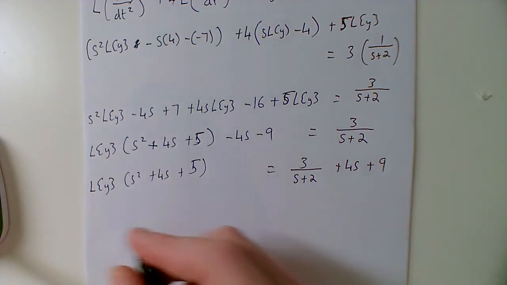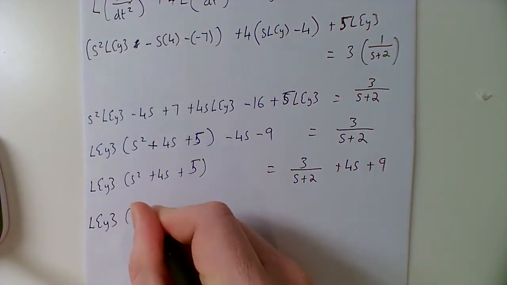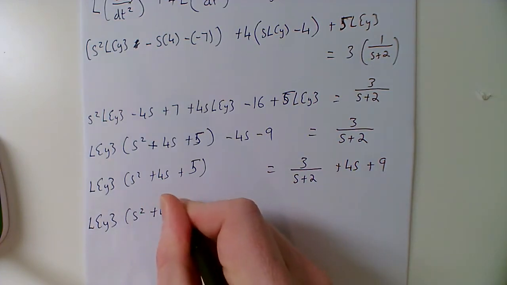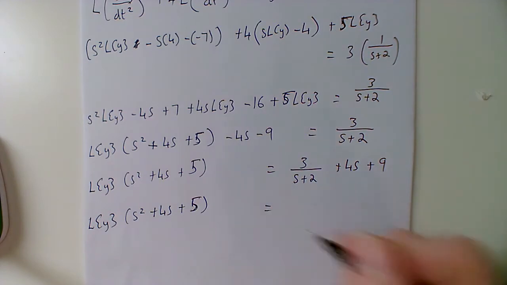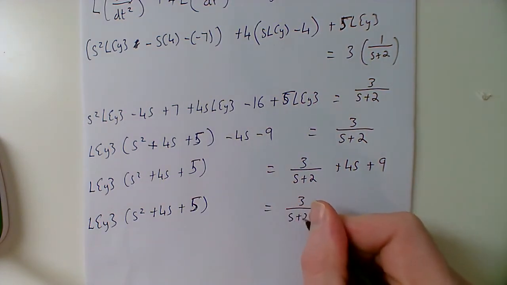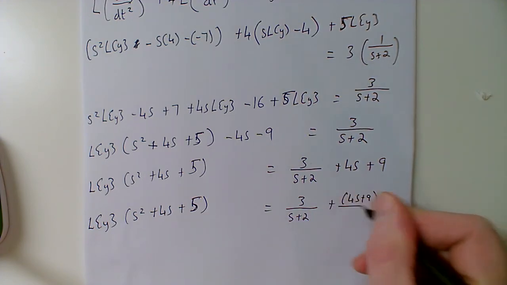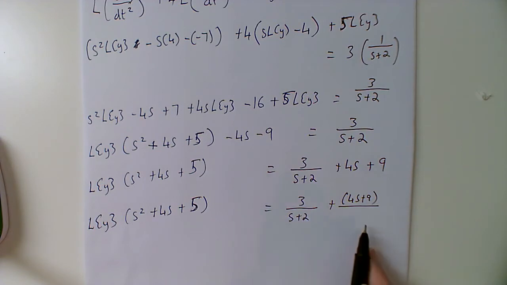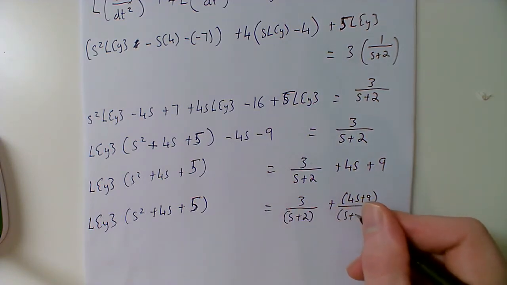Right, so you don't need to do this, but I think it makes it easier in these questions to make the right hand side one fraction. So we need this to have the same denominator. So we're going to make this s plus 2.